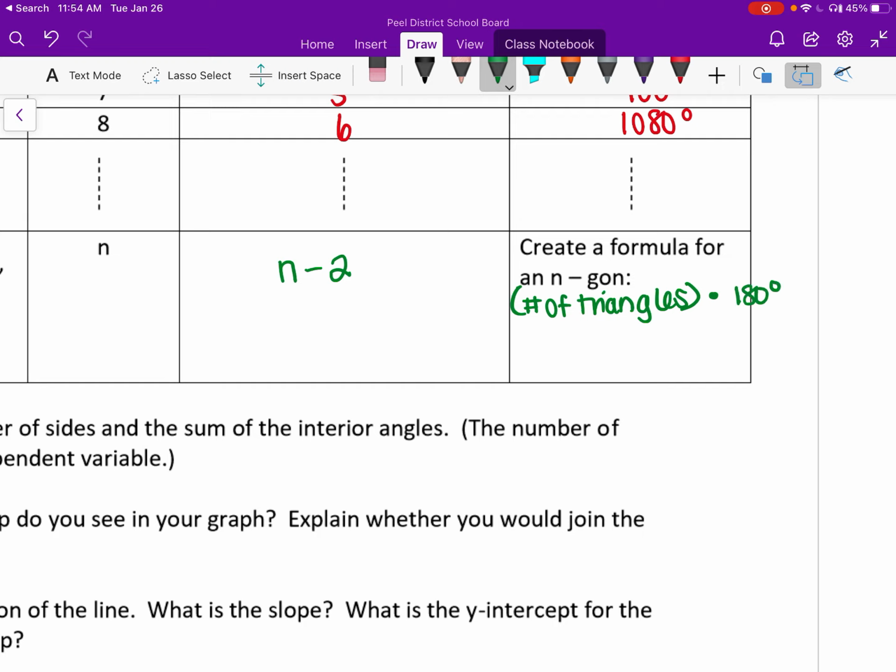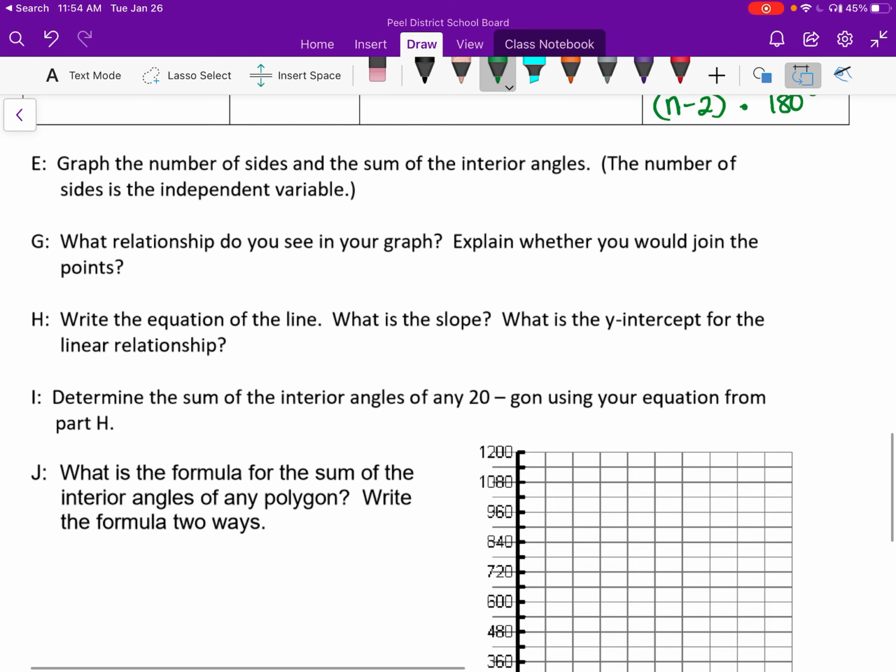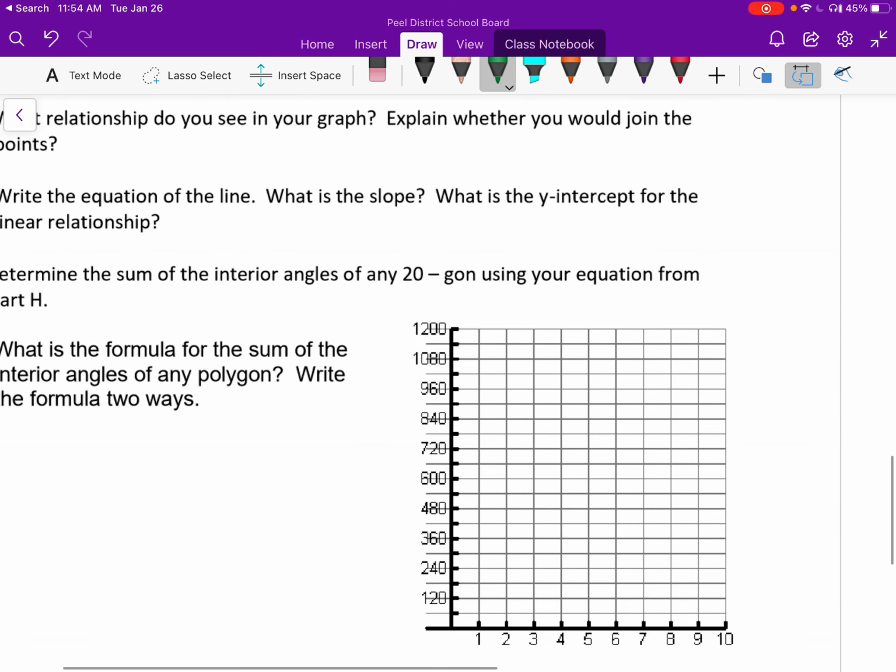And I know that the number of triangles is just n minus 2, which is the sides minus 2, times 180 degrees. So that is my formula for finding the sum of interior angles of any polygon. Okay? So let's graph the sum of the interior angles against the sides. Let's just go in and do that.